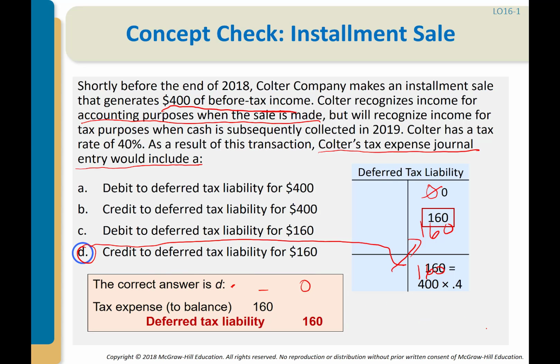The debit to the tax expense is what? The same as the credit to the liability, because right now I haven't reported anything to the IRS as income. So presumably, at least based on the facts of this, there'd be nothing due to the IRS, so there'd be no tax payable. So the tax expense equaled the deferred tax liability here because there's nothing currently payable to the IRS, because I haven't taken income on that yet.